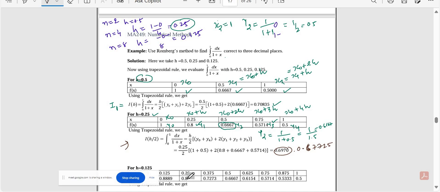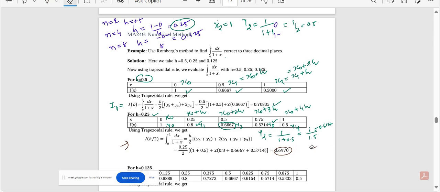Please verify this, everybody. Sir, 697025, it is correct, I guess. Yes, it is correct. We need only 4 digits here. Okay, not a problem.